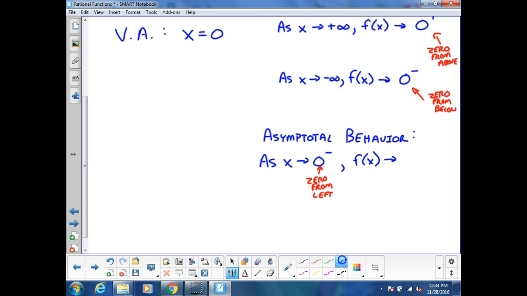Okay? So as x gets closer and closer to 0 from the left, I'm negative, right? It's negative. So 1 divided by a negative small number is going to be what? Using our fraction logic. Because that number is going to get smaller and smaller and smaller the more I walk in from the left towards 0.